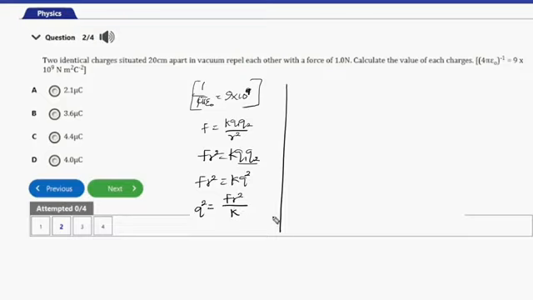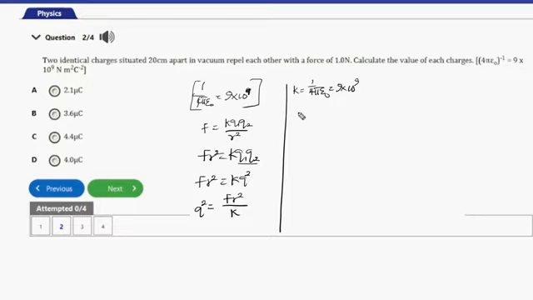But let's recall that K is equal to 1/4 pi epsilon naught, and that has the value of 9 times 10 to the power of 9 Newton meter square per coulomb squared. So we can substitute for this value and every other value here.